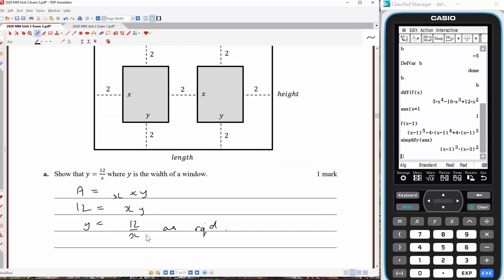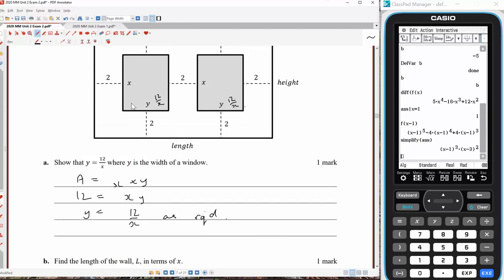Length of the wall in terms of x. So we know that y is 12 on x. And what have we got?